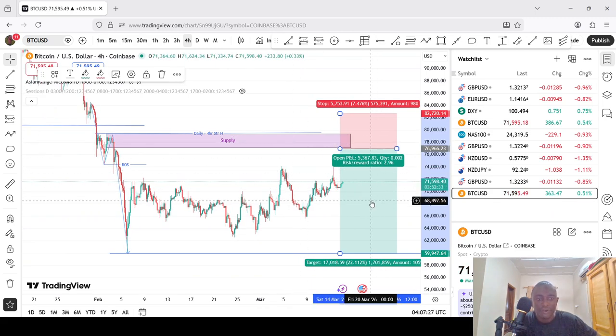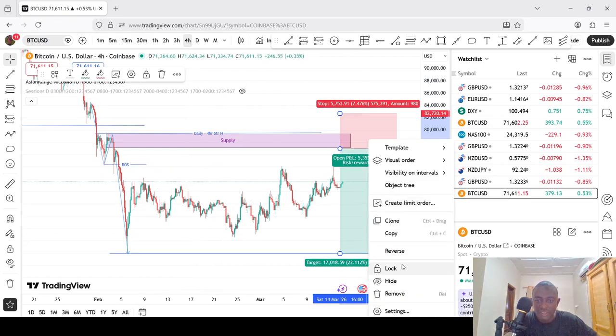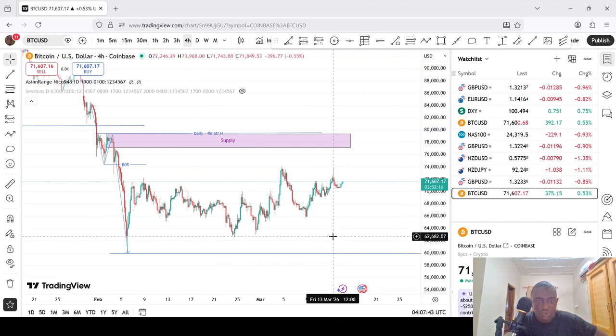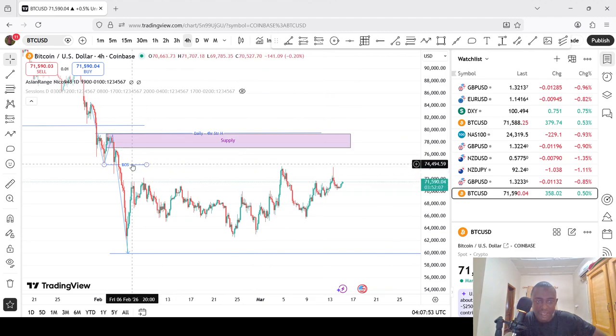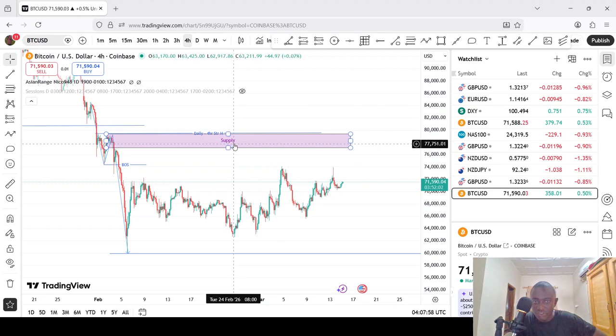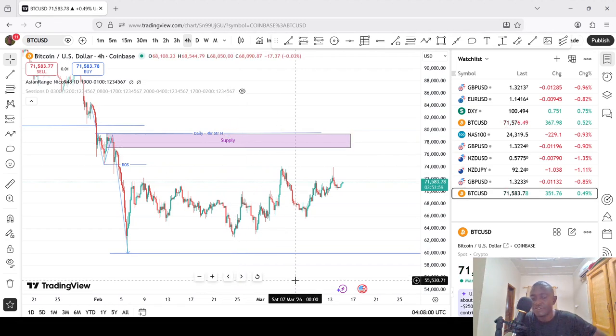So within the 4 hours, now we have between this range, the daily 4-hour strong high and this very low. So you can just let me delete this. You can just stick to only the 4 hours for your analysis, or because we are having a retracement, like a pullback after every BOS, every break of structure, there is always a pullback, possibly to the supply, then continuation of the trend.